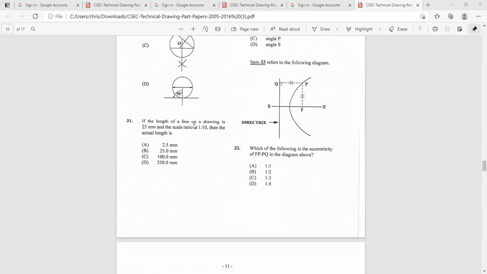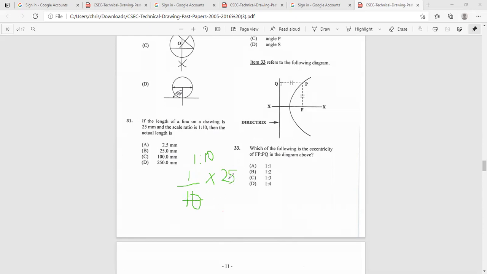If the length of a line in a drawing is 25 millimeters and the scale ratio is 1 to 10, then the actual length is, so if the length of a line on a drawing is 25, and the scale ratio is 1 to 10, then 1 to 10 is the same as 1 over 10 times 25, divided by 10.